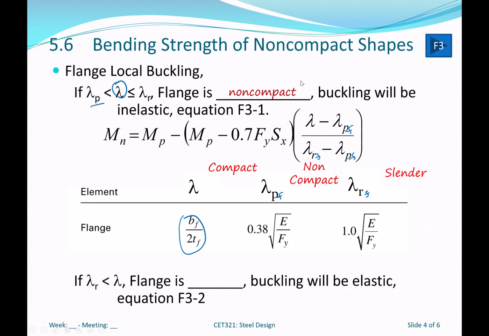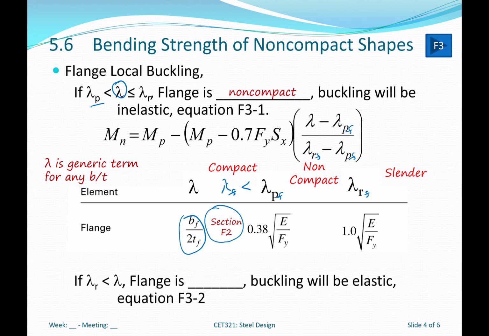So we have that lambda value, generic b over t, in our case b sub f over 2, half the flange width divided by the thickness of the flange, is our lambda value. If we have lambda sub f less than lambda sub pf, we're back to section F2.